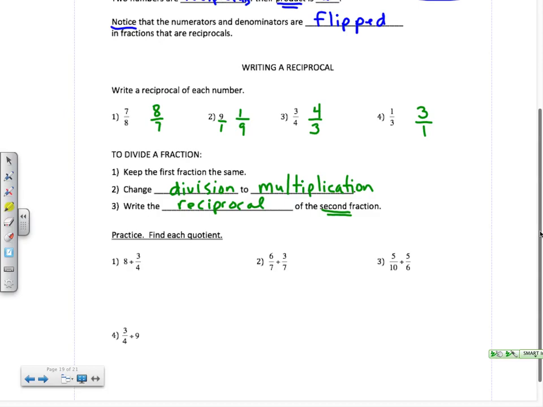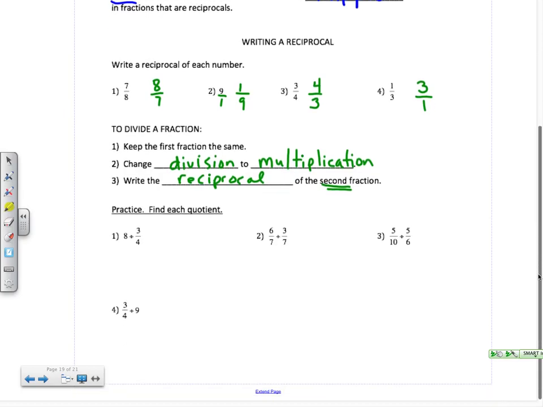Let's practice a couple. Okay, we have 8 divided by 3/4. Whenever I see a whole number, I am automatically going to put a 1 under it. That way I have a fraction divided by a fraction. All right, my directions say keep the first fraction the same, so I'm going to keep 8 over 1. My second step says change division to multiplication, so instead of using division, I'm going to change it to multiplication.